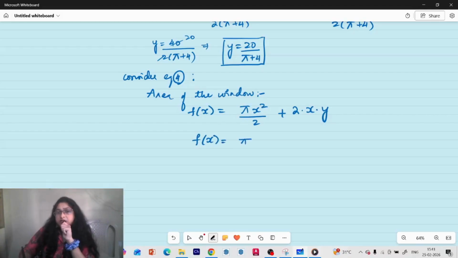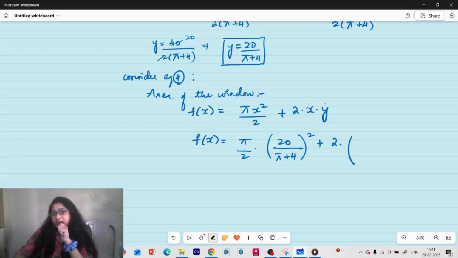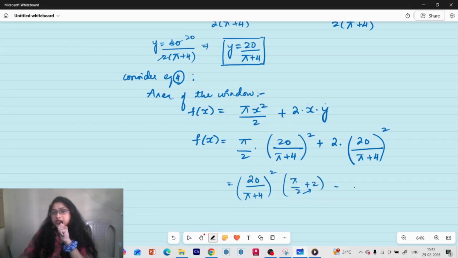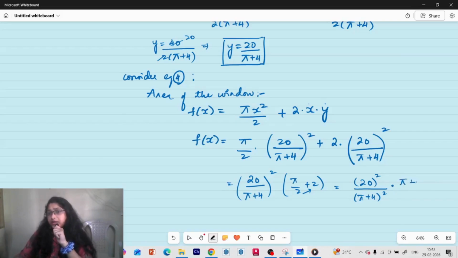So f of x is equal to pi by 2 into x square, which is 20 by pi plus 4 whole square, plus 2 into, again x and y are literally the same value, so we will just square this up. Now if you take that common, what will we end up getting? 20 by pi plus 4 whole square into pi by 2 plus 2. Now take an LCM here at this point. So 20 whole square by pi plus 4 whole square into pi plus 4 by 2.